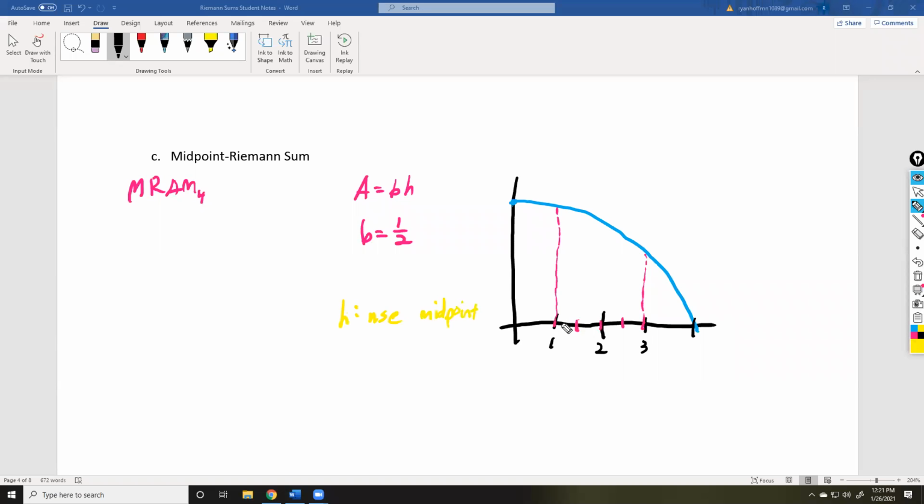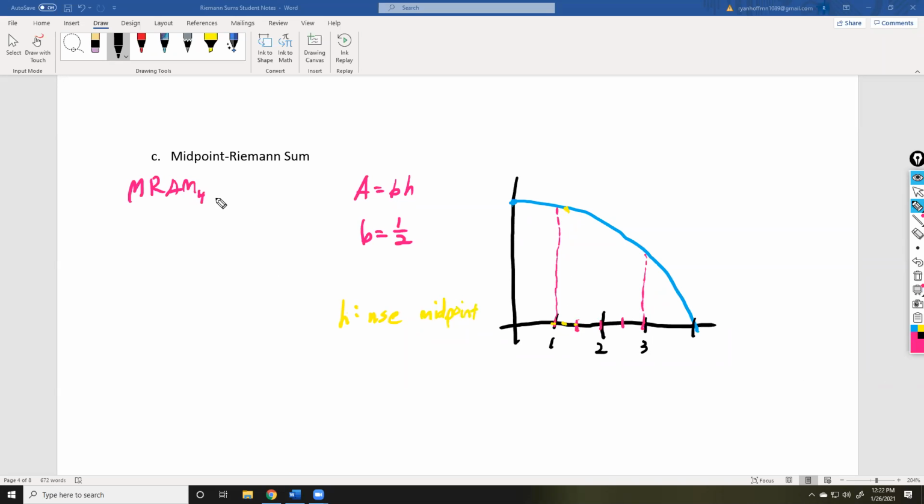And so, for example, to take the first rectangle from 1 to 1.5, which one are we going to use? The 1 or the 1.5? Well, we're going to use neither of them. We're going to split the difference and go halfway in between 1 and 1.5. And we're going to use the height at 1.25.